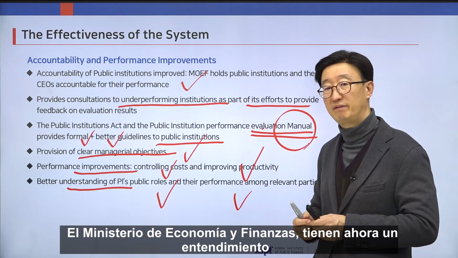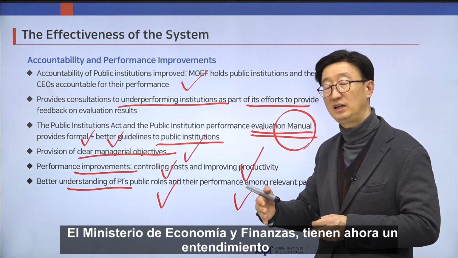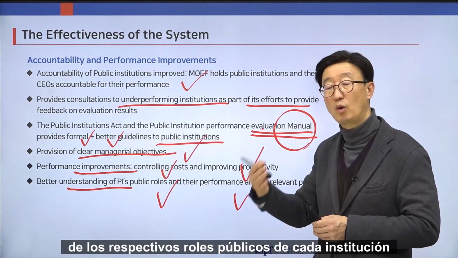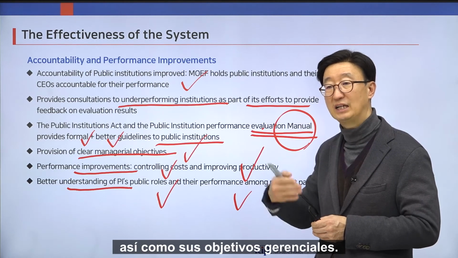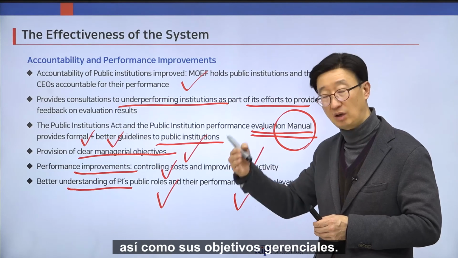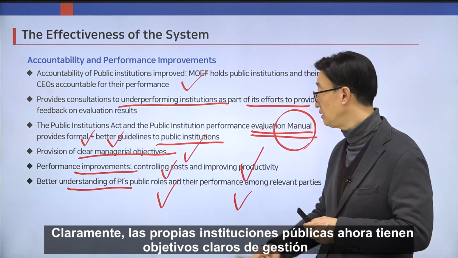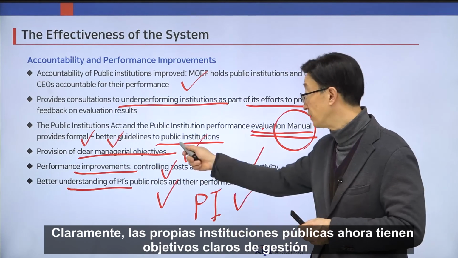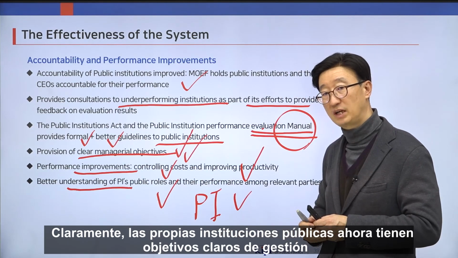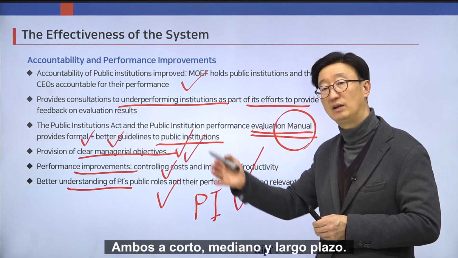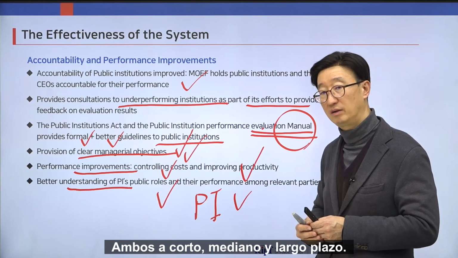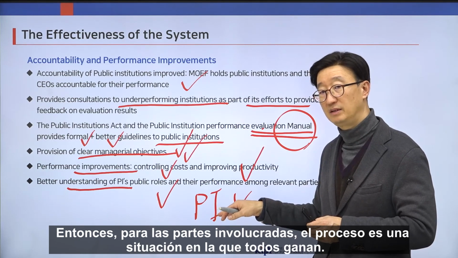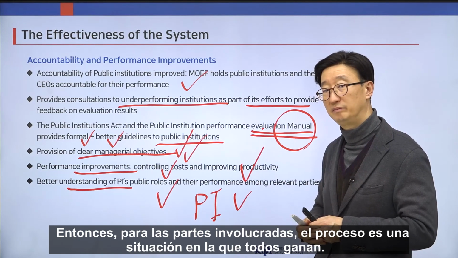The Ministry of Economy and Finance has an understanding of the respective public roles of each institution as well as their managerial objectives. Clearly, public institutions themselves now have clear managerial objectives, both short run and medium to long run. So for those parties involved in the process, it's a win-win situation.